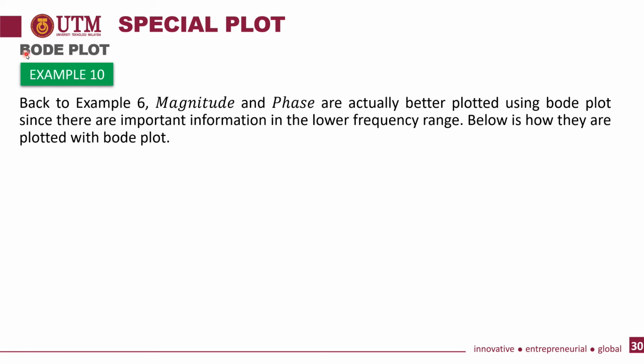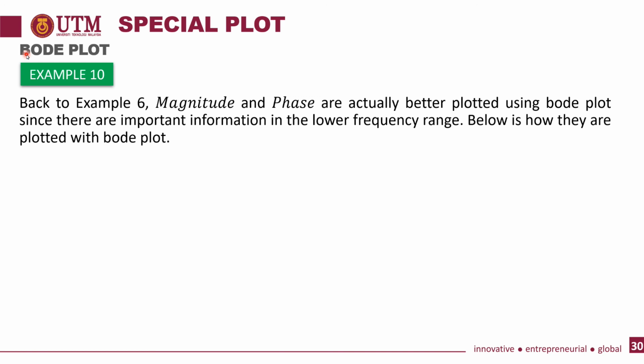If you have not learned about BODE plot yet, it's okay as long as you know how to plot a BODE plot, because later on I'm sure that you will learn BODE plot in circuit theory or in your control subject.